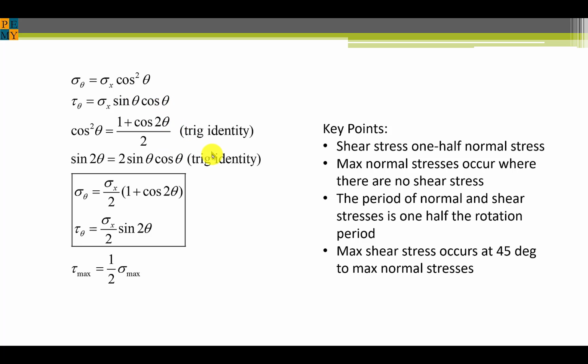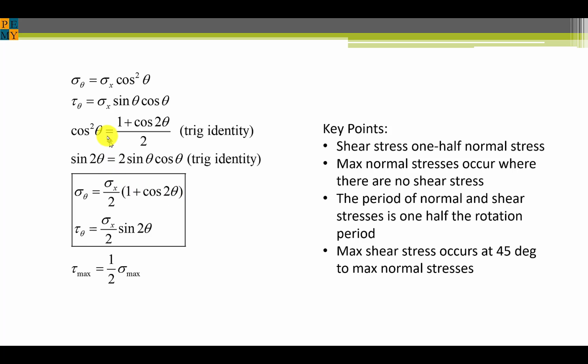From these two trigonometric identities, so for example, this first one, you can just substitute cosine squared theta with 1 plus cosine 2 theta over 2, and you get this formula. What this shows is that sigma theta is a function of cosine of 2 theta, and that's how you get the doubling of the frequency.